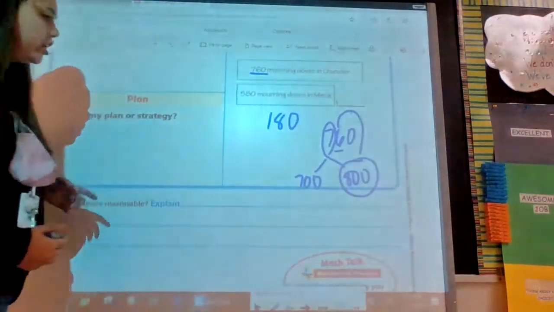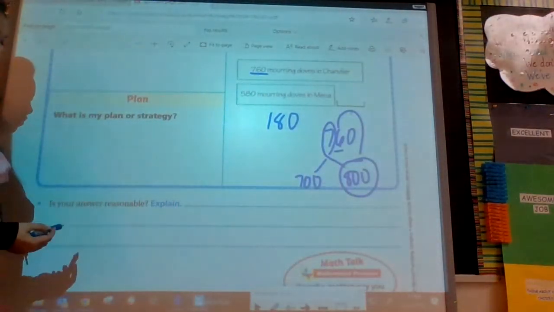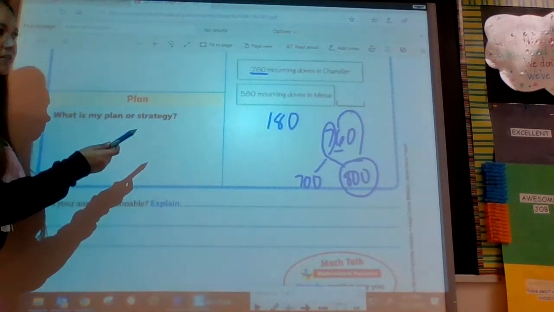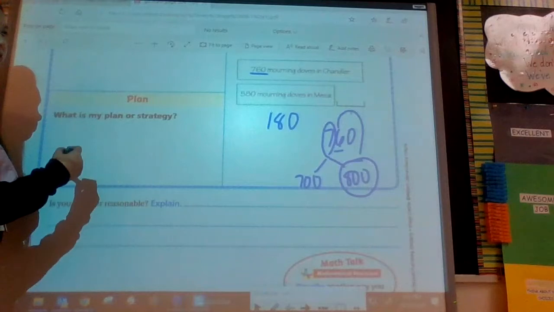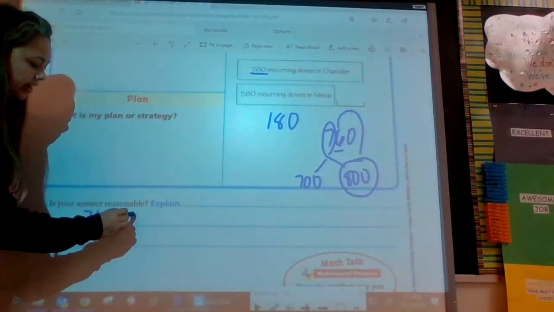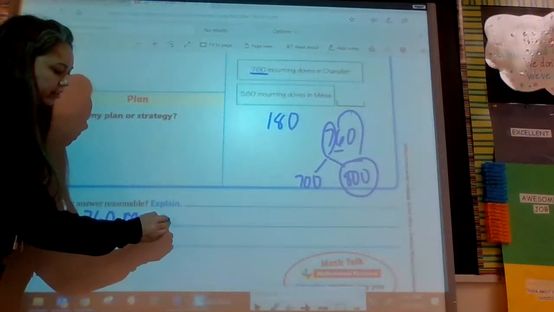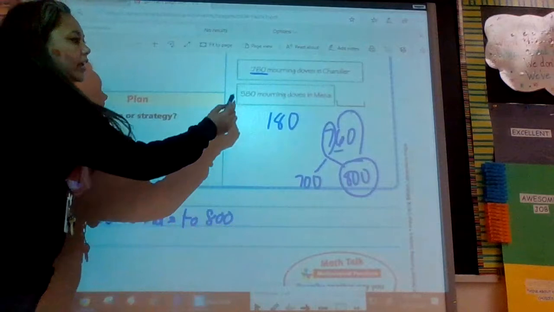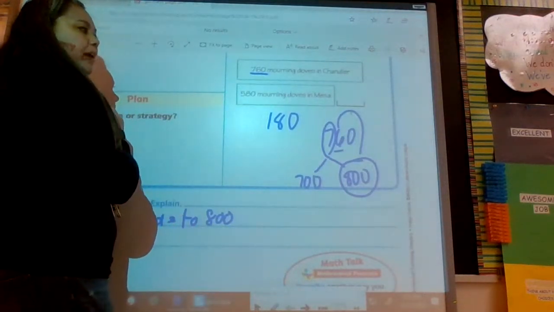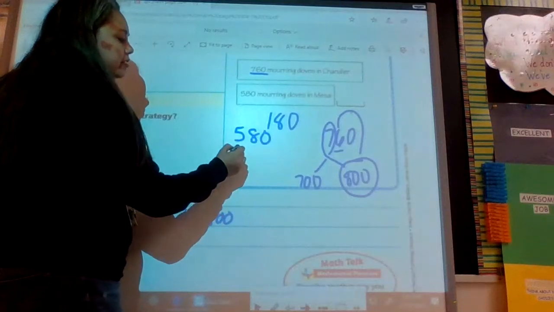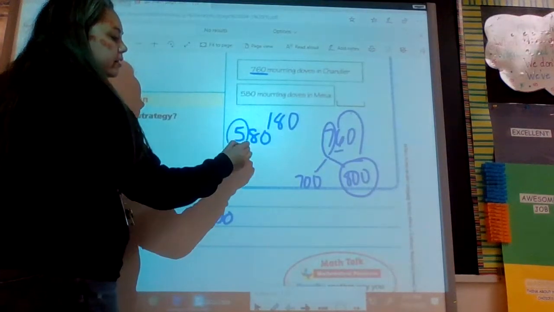So I'm going to be checking this because I'm pretty sure I feel that it's reasonable that if I estimate Chandler's to 800, so 760 rounds to 800, and the mourning birds we found in Mesa was 580, so I'm going to round 580 to the hundreds place.